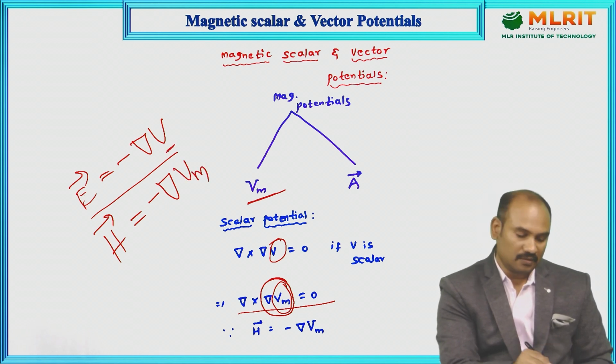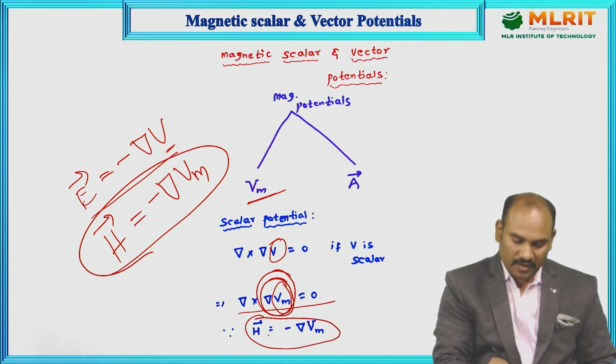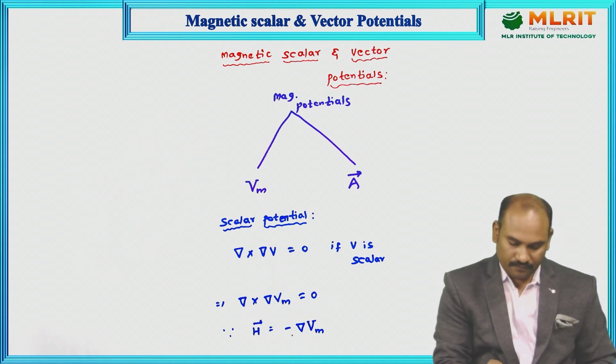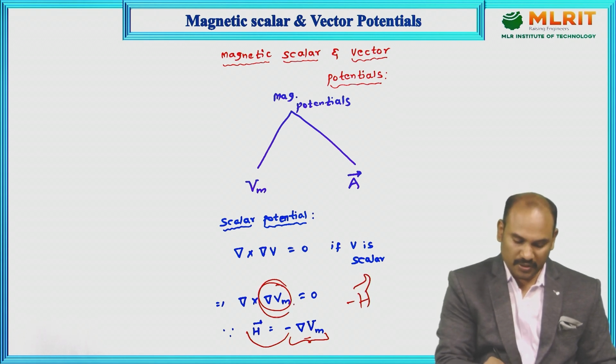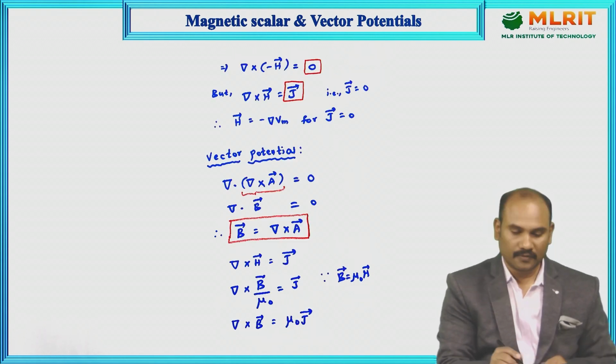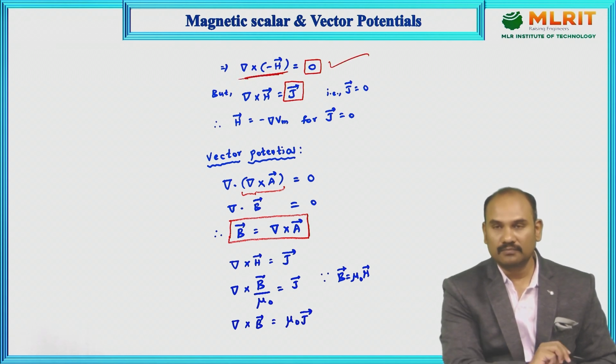Just H equal to minus del Vm. That's what I have taken here. Because H is minus del Vm, del Vm will be equal to minus H. So in place of del Vm, I have taken minus H. So del cross minus H equal to 0.